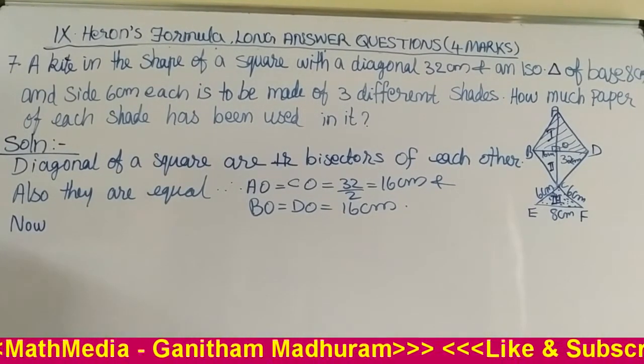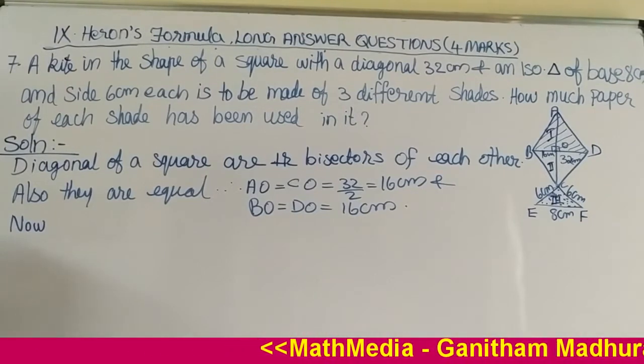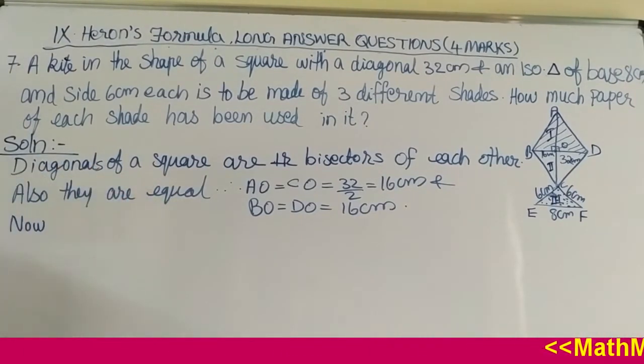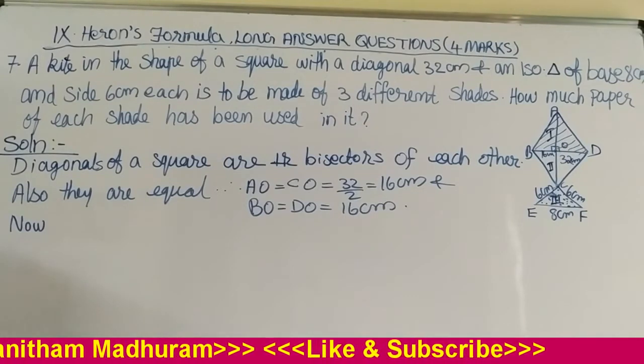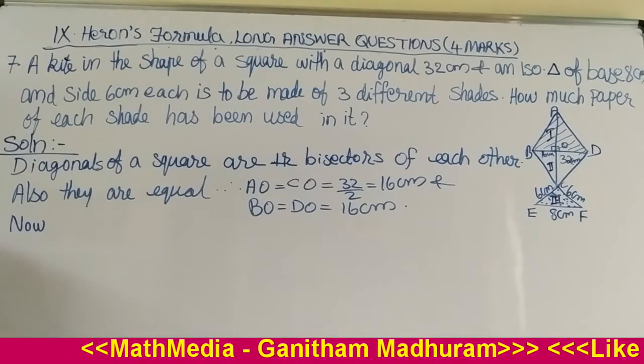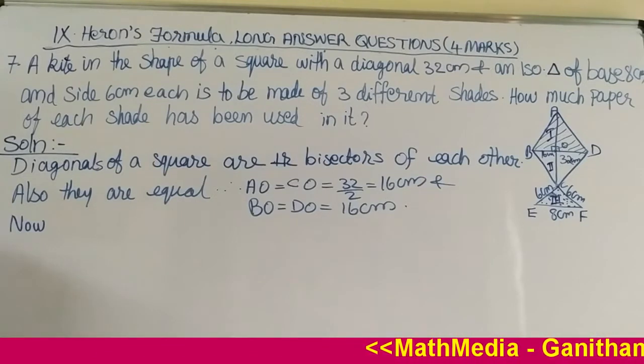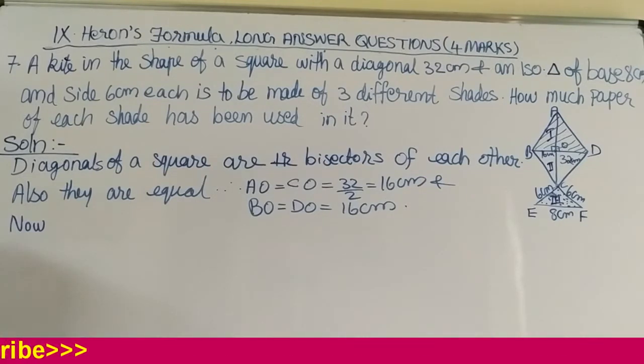Children, as you know, the diagonals of a square are perpendicular bisectors of each other. Also, the diagonals of a square are equal. We can use this property over here.